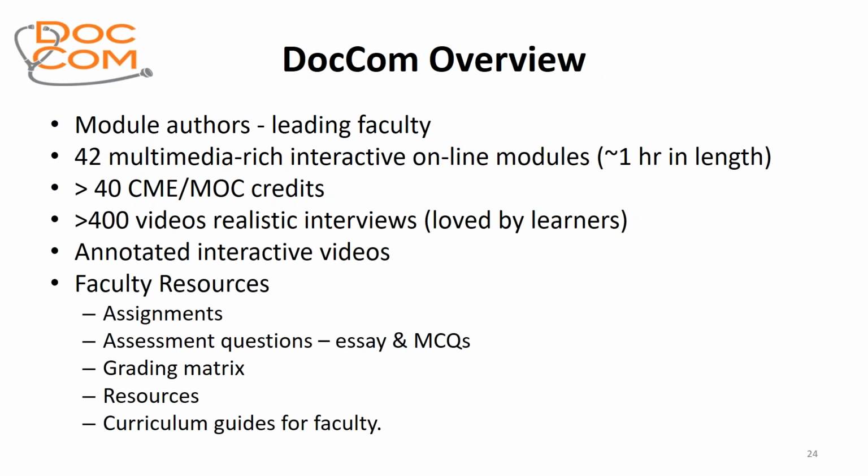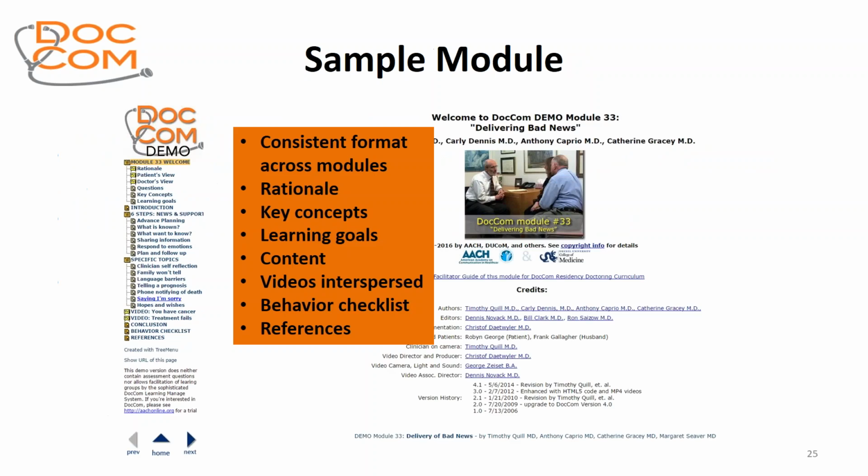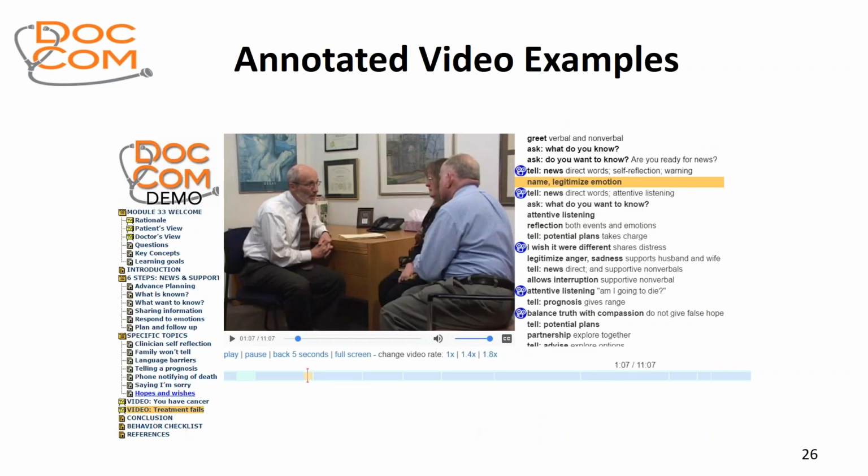We have over 100 annotated videos right now, and we have a whole back end for faculty resources as well. Each of the modules is very consistent. They start with a rationale, key concepts, learning goals, and content, with plenty of videos interspersed, a behavioral checklist, and lots of references. We're not just saying that you should say this because that's what we think; everything we have in DocCom is based on evidence.